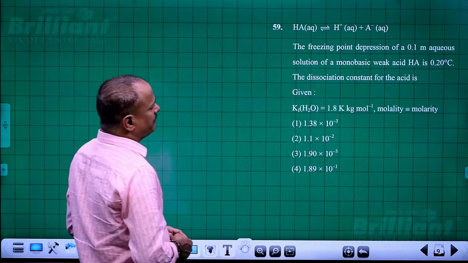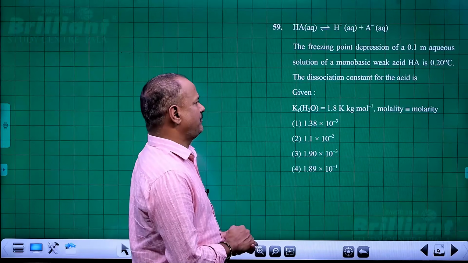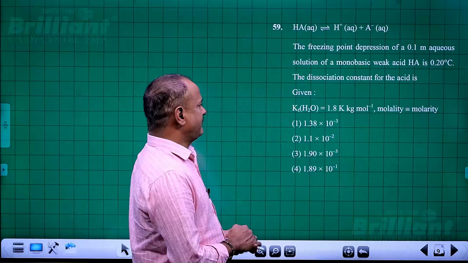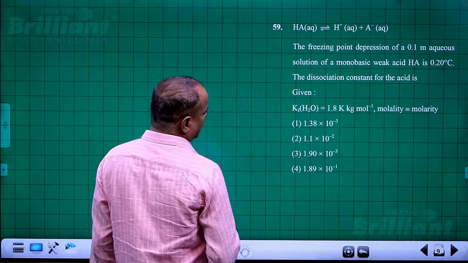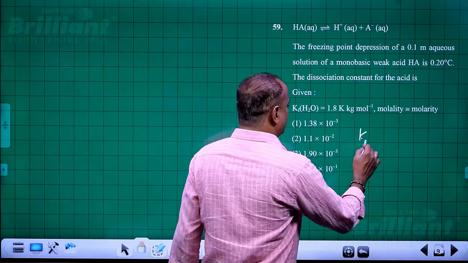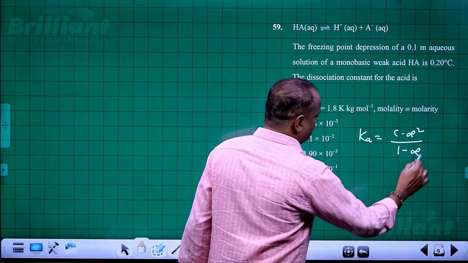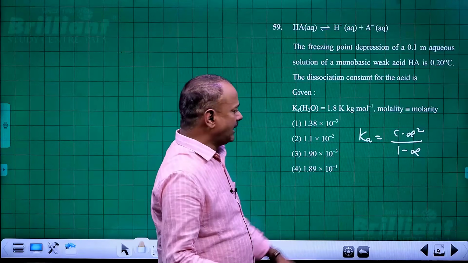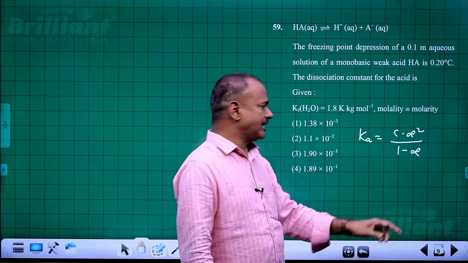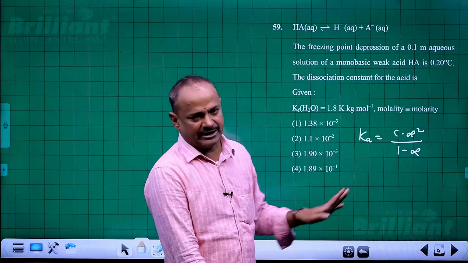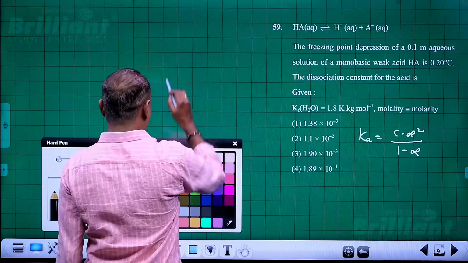Next, HA gives rise to H plus and A minus. The freezing point depression of a 0.1 molal aqueous solution of a monobasic weak acid is 0.2. Find the dissociation constant of the acid, Ka. For weak acids, Ka is equal to C alpha squared by 1 minus alpha. Depending on the data, you can neglect 1 minus alpha; otherwise take the full formula. If alpha is 0.1 or 0.2, you can consider them; if 0.01, you can neglect. So check the alpha value first, then find the Van 't Hoff factor.